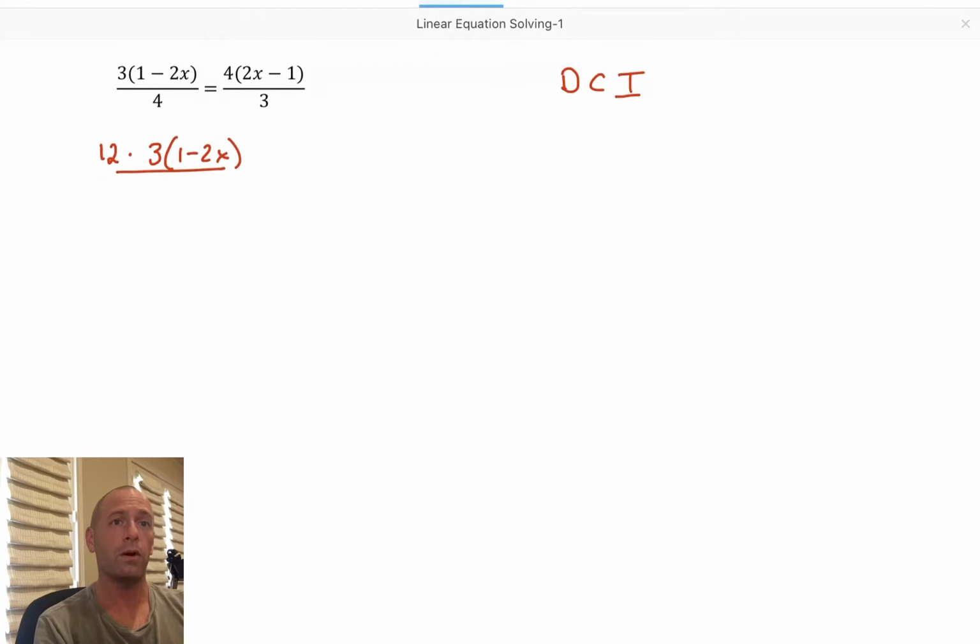So I've got 12 times 3 times 1 minus 2x over 4 is 12 times 4 times 2x minus 1. And I gave you an extra bracket just as a bonus, all divided by 3. So with each the left and the right, I'm just going to clean up that coefficient. I've got 12 times 3 divided by 4.